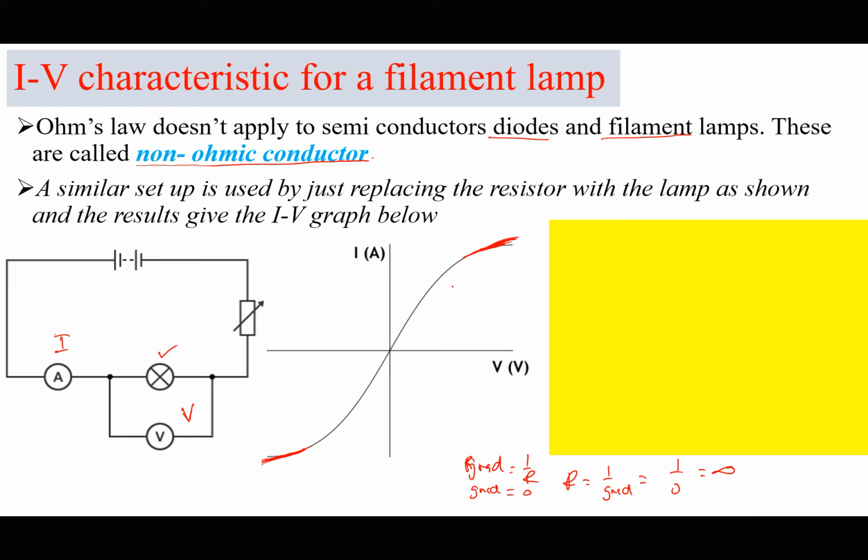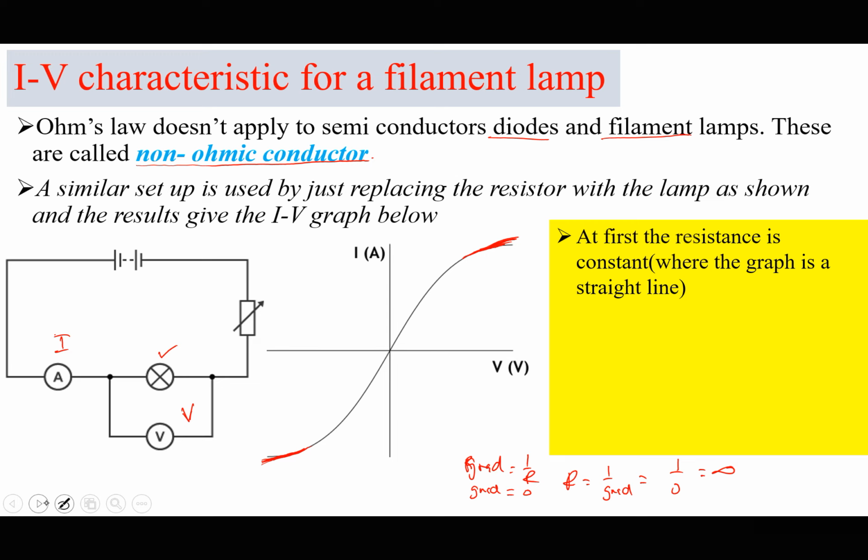It is not going to be a straight line. Now the question is, what is really happening? At first, it appears as if the resistance is constant, where we notice it is almost a straight line for the first part of the graph. At this point, the temperature is still constant because the current is small.